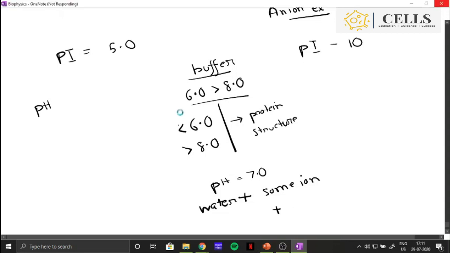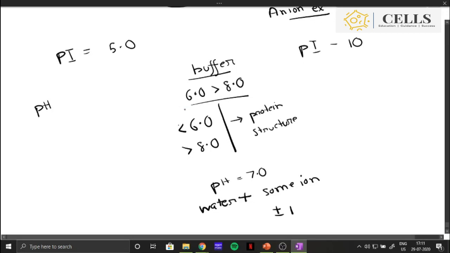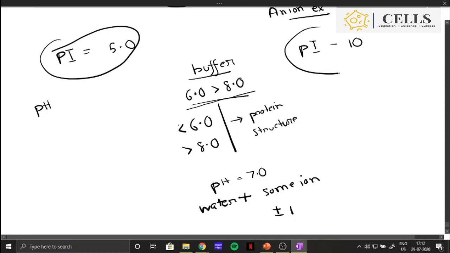For that reason I said a pH of 6 to 8 is reasonable. A protein can have a different pI, of 5 or of 10. In the case where you have a protein of pI 5, suppose you are using a pH of 7, the pH is more than the pI. Here the pH is less than the pI.